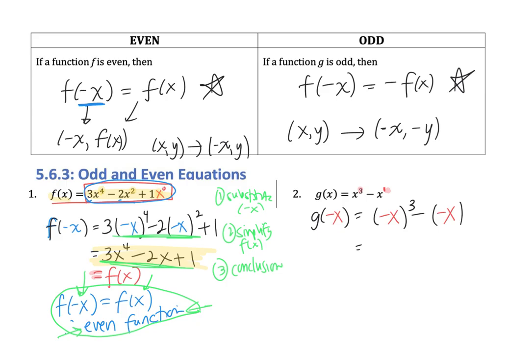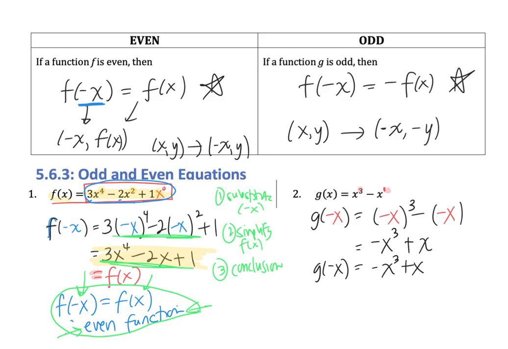Well, a negative times a negative times a negative makes that become a negative x to the 3rd power. And then, of course, here, this double negative, a negative minus a negative x, turns that into a positive x. And so now I have negative x cubed plus x.